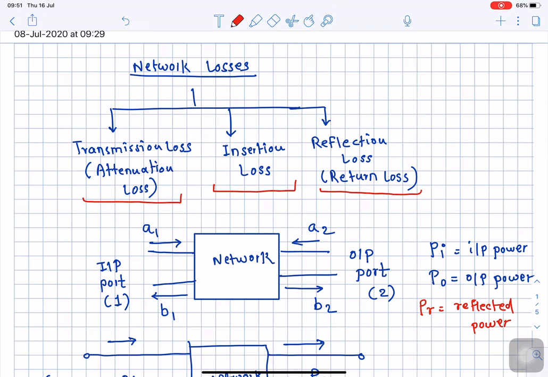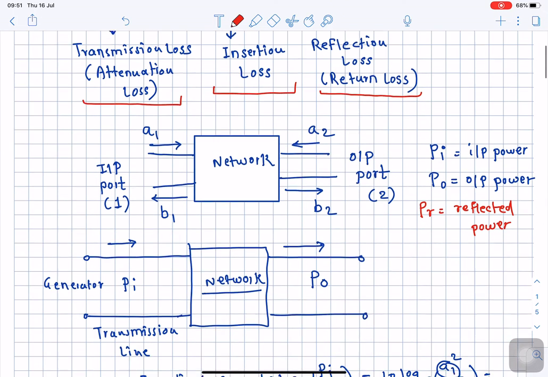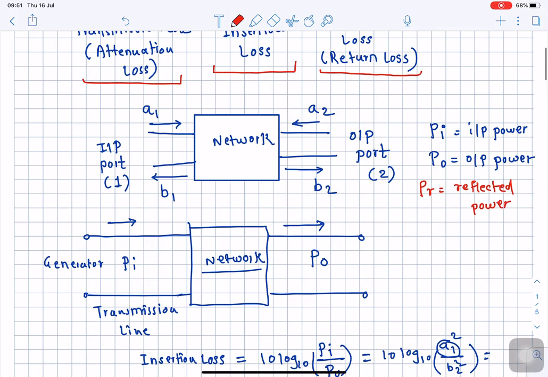Now here you observe a two-port network. Please remember we are taking the example of a two-port network many times in order to illustrate the concepts of microwave engineering, so I am taking the same two-port network again. There are two ports.